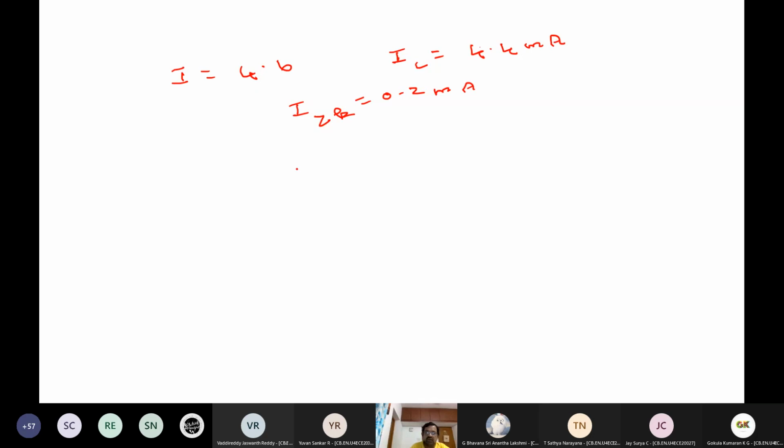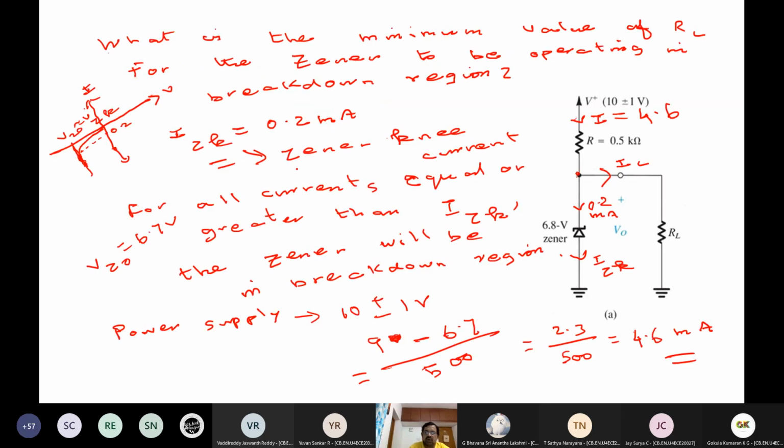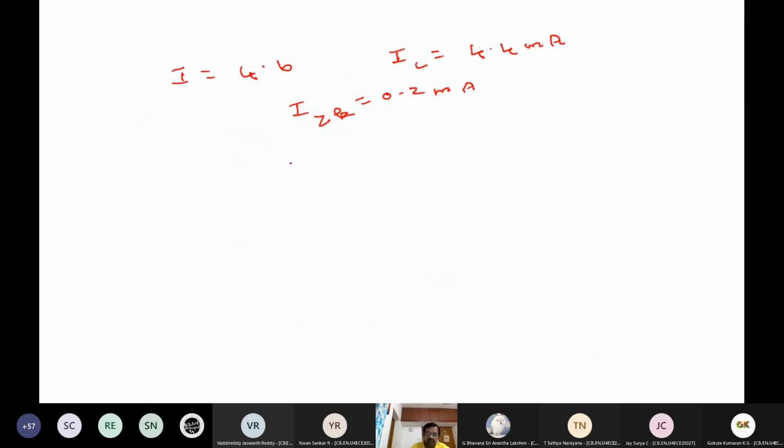Now already I told you the question asked is what is the minimum value of RL? So we know VC naught is going to be seen at the minimum value. That will be my VC indeed, and that will be the voltage that will be seen there.